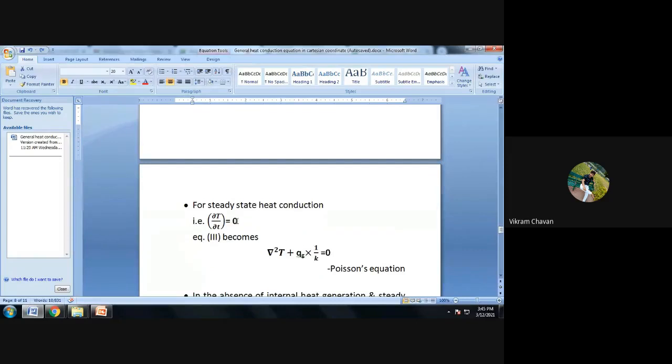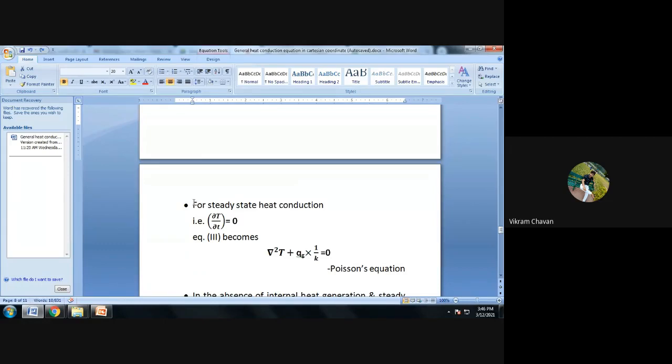Here the form will be steady state heat conduction. Steady state we have to apply for the thermal boundaries. Steady state means what? If you consider any velocity, acceleration, temperature or pressure, and it is not changing with respect to time, then that property is considered a steady state property for that particular system.